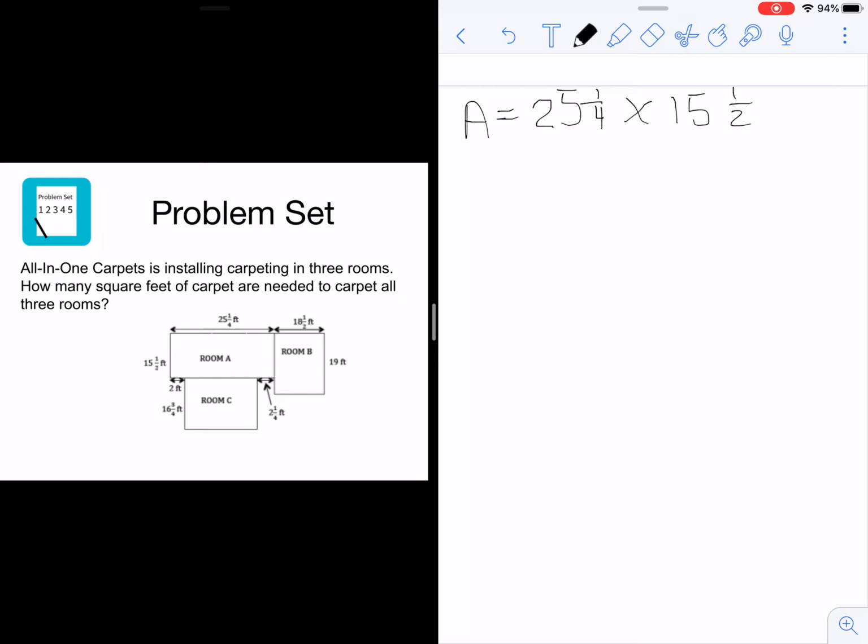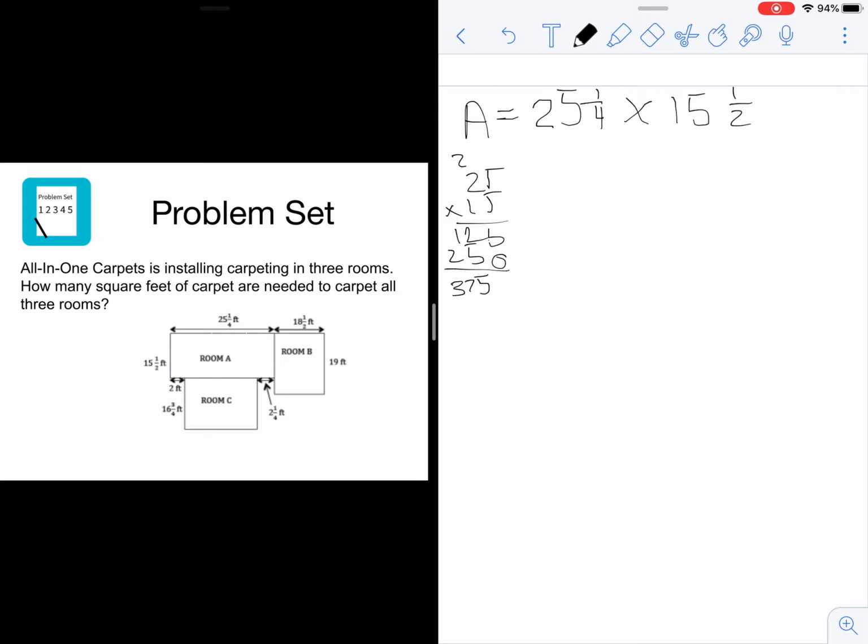So we have 25 times 15. 5, carry the 2, 125, placeholder 0, 5 and 2, and you add that together, we get 375. That's just part of that.